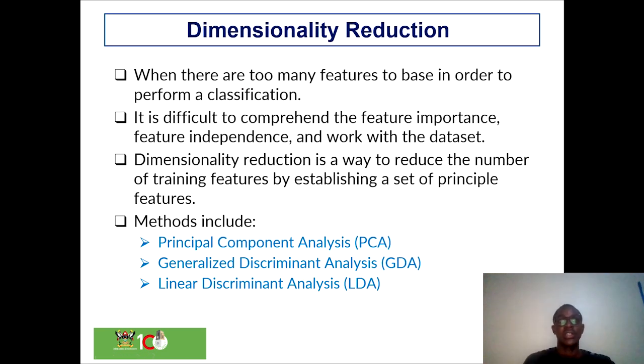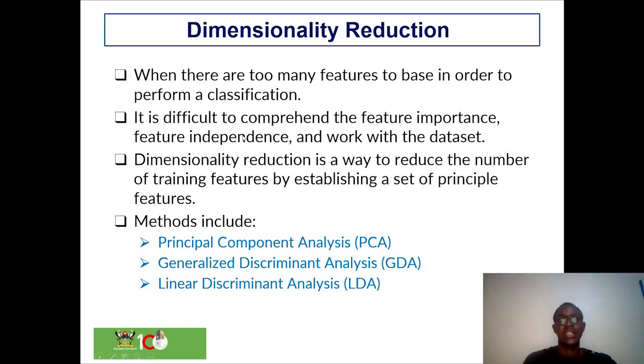The other approach that you can use for optimizing your algorithm is dimensionality reduction, and this is applicable in scenarios where you have too many features and it becomes complicated to perform a classification, as it turns into a challenging task comprehending the feature importance, also establishing feature independence, identifying which features are correlating with others.